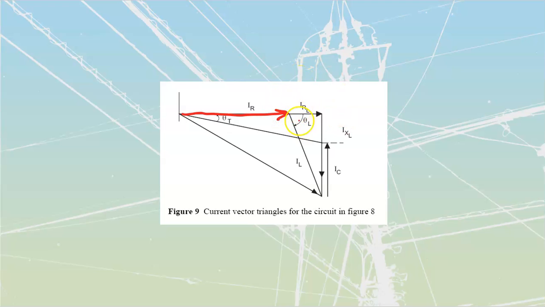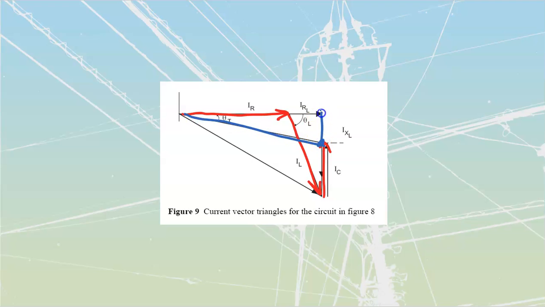Then I see I've got my IRL, the inductor that I'm going to have. It's at not negative 90 degrees, but it's close to 90 degrees. And then I'm going to have my IC like that, which is going to be going up at positive 90 degrees. And so they're just adding these things tip to tail, across, and we end up with this net amount.